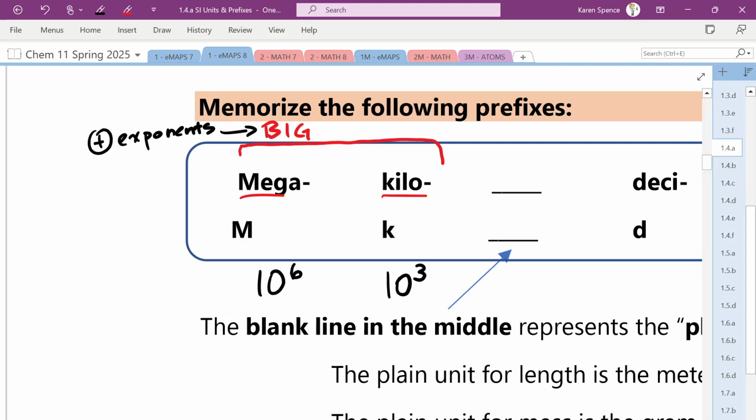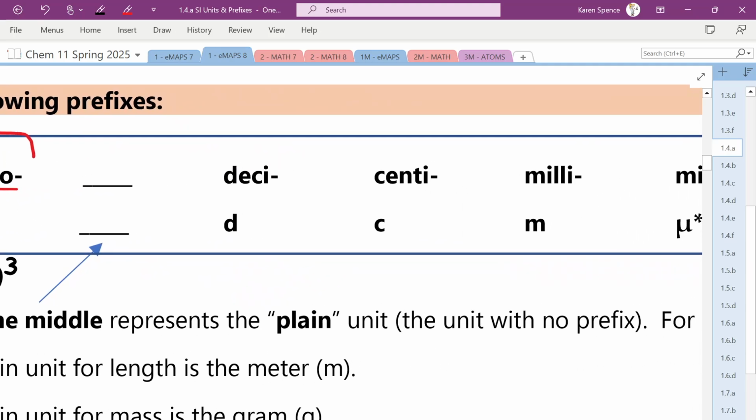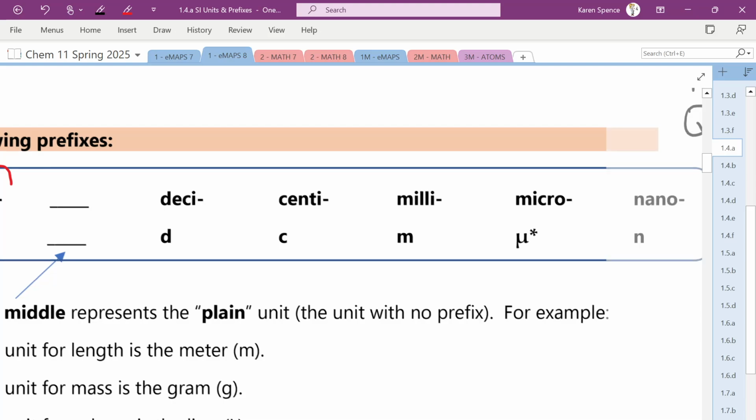On the other side, we have all the small ones. These are all the ones that are smaller than 1. So we have negative exponents.